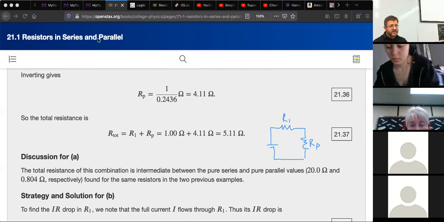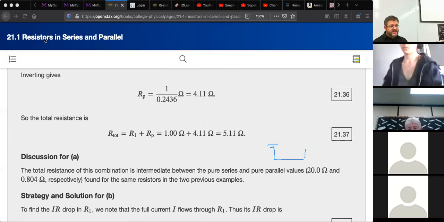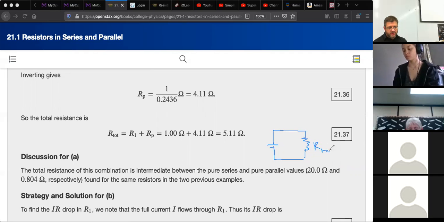Then I replace this with a new circuit. This now becomes my circuit, one resistor, which we call R total, which is the 5.1 ohms.